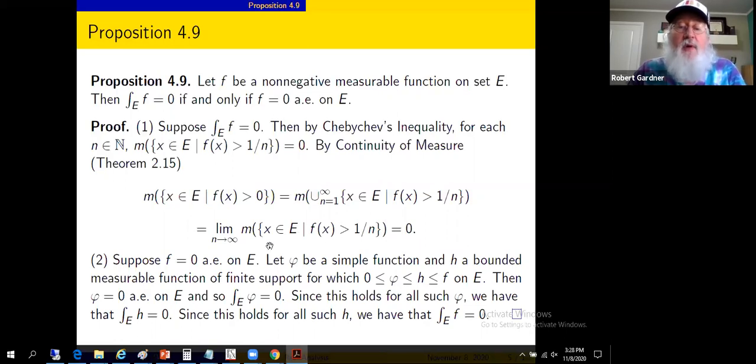We observed above that the measures of the sets of x such that f of x is greater than 1 over n were all 0, so the limit is 0. So the measure of the set of x values where f of x is positive is 0. Well, then f of x must be 0 almost everywhere, because the only place it's positive is on a set of measure 0. Remember, it's non-negative, so negative values aren't an issue. Okay, so if the integral is 0, then the function must be 0 almost everywhere.